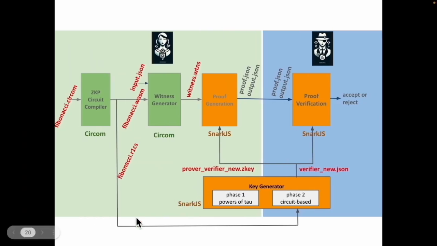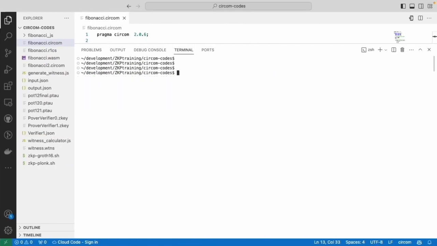Now that we have generated the prover and verifier keys, we are ready to generate the proof. We generate the proof using the following command: snarkjs groth16 prove, then prover_verifier_1.zkey, then witness.wtns, and we specify the name for our proof and another name for our output file.